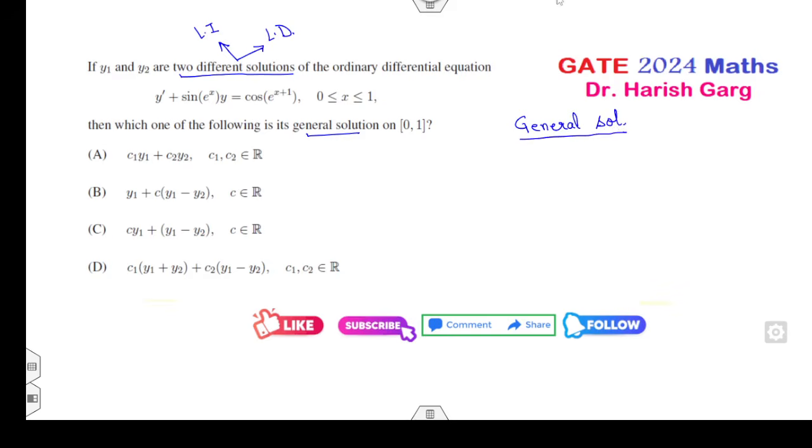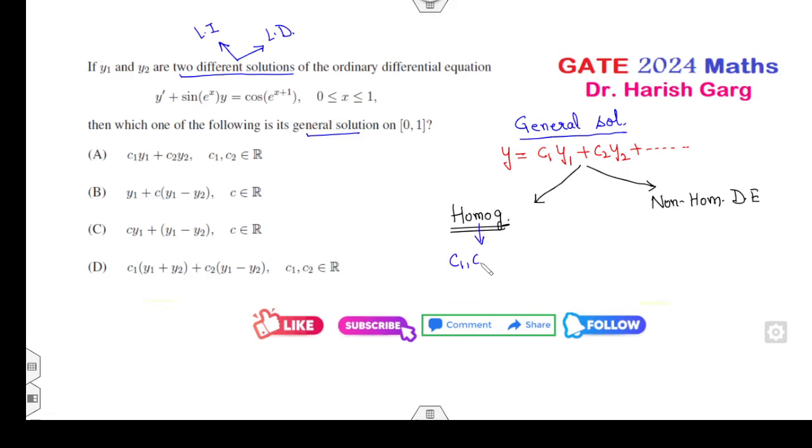We all know the general solution of any differential equation is y = c1 y1 plus c2 y2 plus c3 y3 and so on. But that solution depends upon whether you have a homogeneous or non-homogeneous differential equation. If it is a homogeneous differential equation, then the constants c1, c2 and so on are just real numbers.